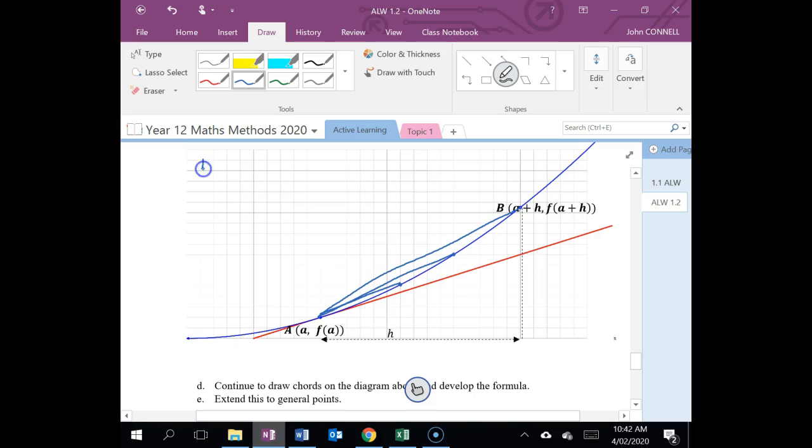What that means is we can say the limit as point B heads towards point A of the slope of the chord must equal the slope of the tangent. See, as point B is going towards point A, the slope of the chord is becoming closer and closer to the slope of the tangent.